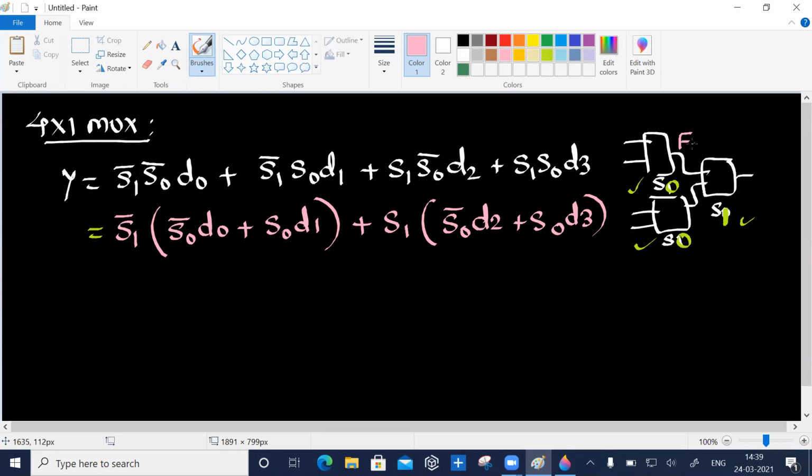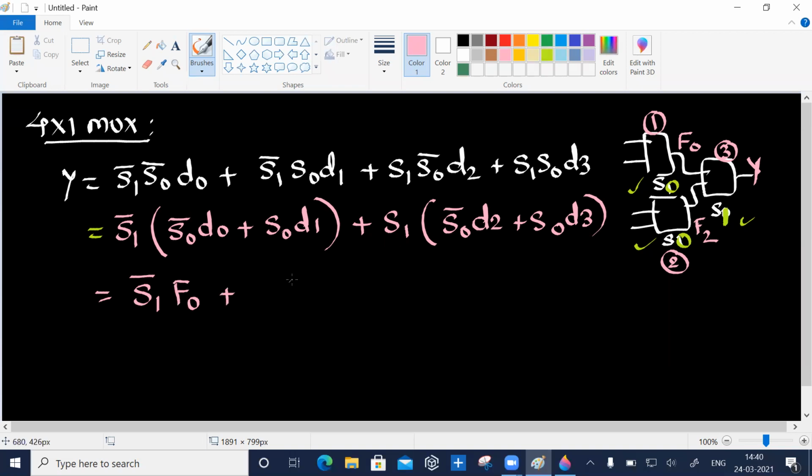Say the output of the first mux is F0, the output of the second mux is F1, and the output of the third mux is Y. Now can I say this is nothing but S1 complement F0?